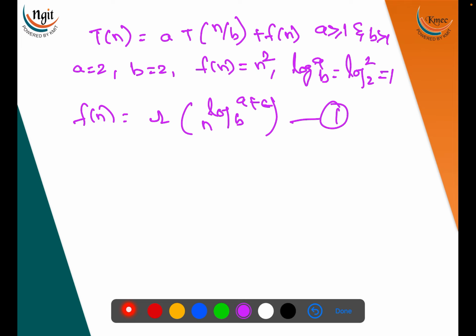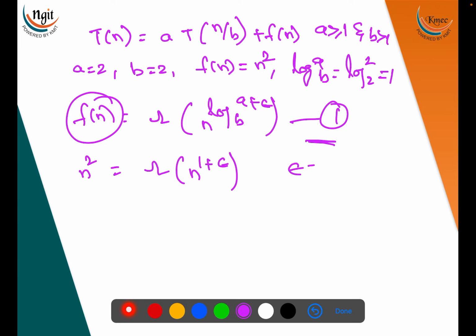Now if we insert all the values in equation 1, we get f(n) value n square is equal to omega of n^(1+epsilon). Put epsilon equal to 1, then the equality will hold. n square is equal to omega of n^(1+1), which is omega of n square.